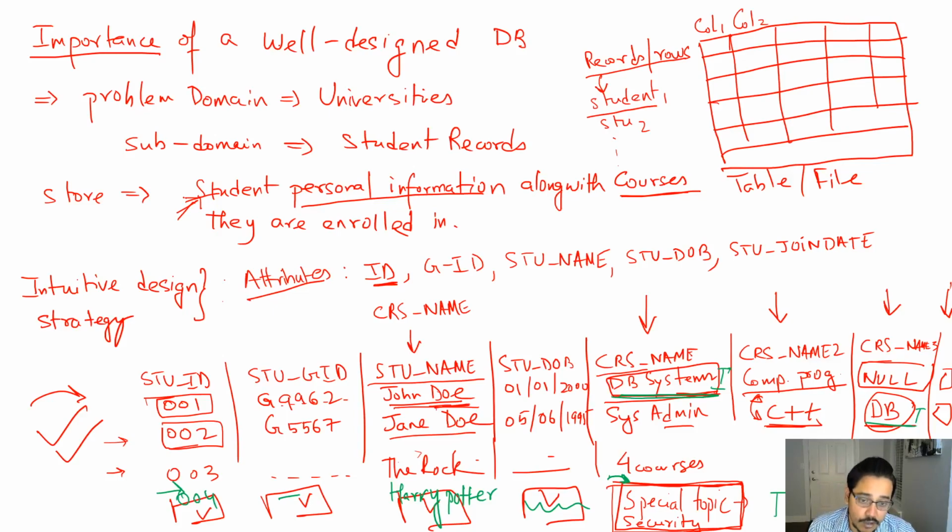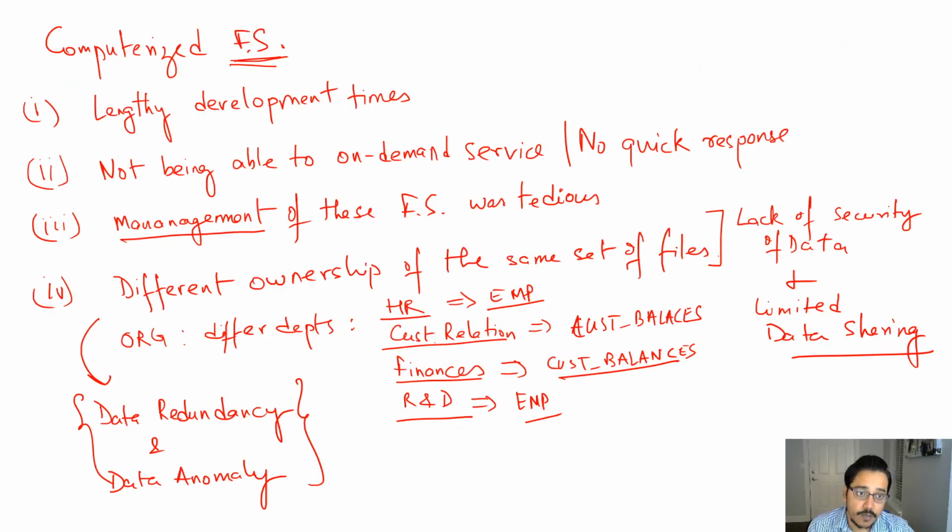And this can not just happen within a single file. So this was a single file environment, right? So all the anomalies that existed were present within a particular file itself, right? But essentially, when you have different ownership entities, like for example, the same set of files being managed by different departments, that means the same set of information or data exists across different files as well.